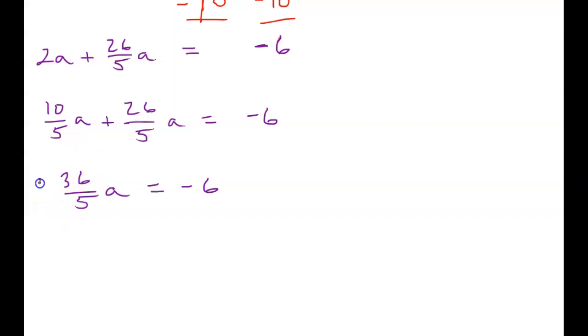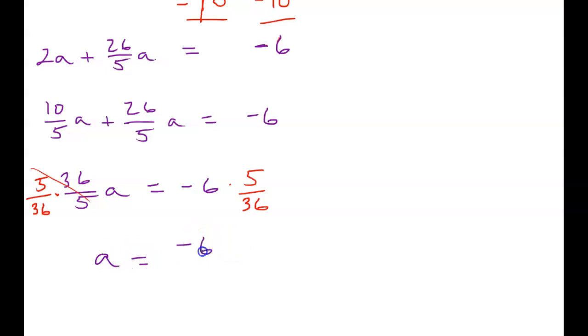If I multiply this side by 5 over 36, and I multiply this side by 5 over 36, notice that this just cancels out and becomes 1, leaving me with a.